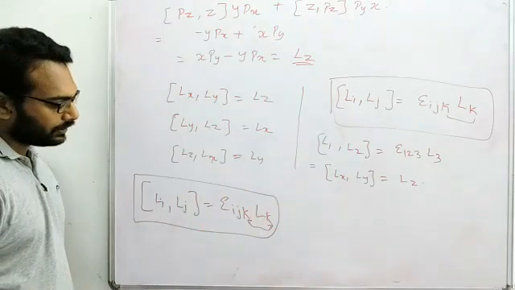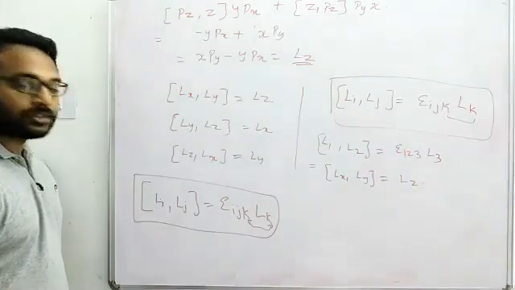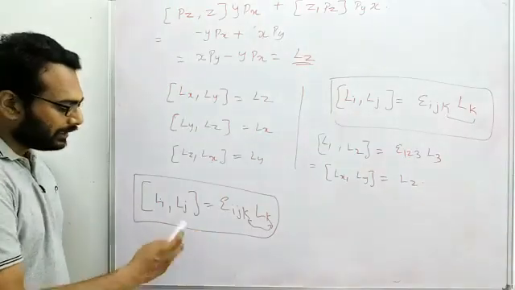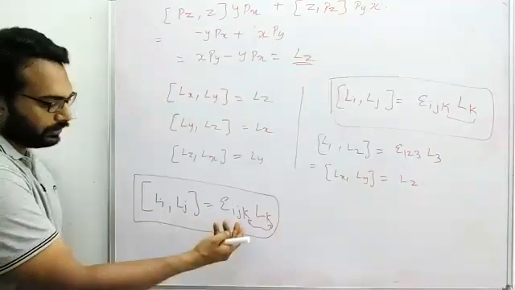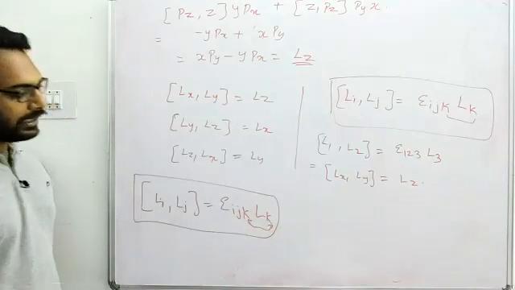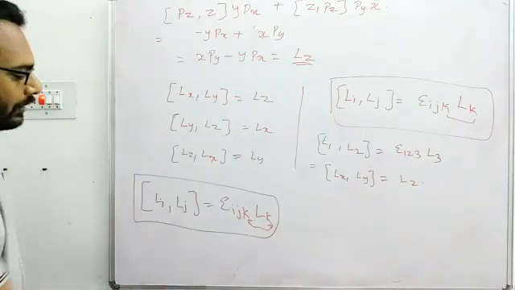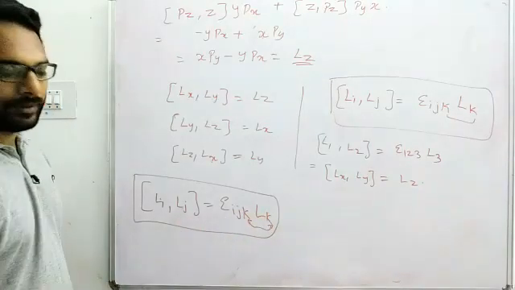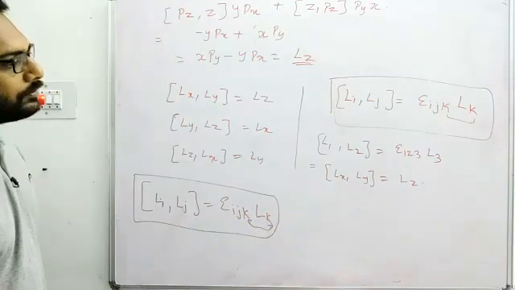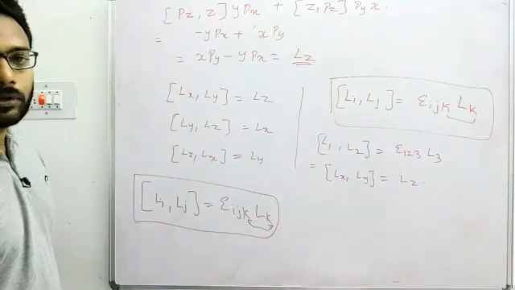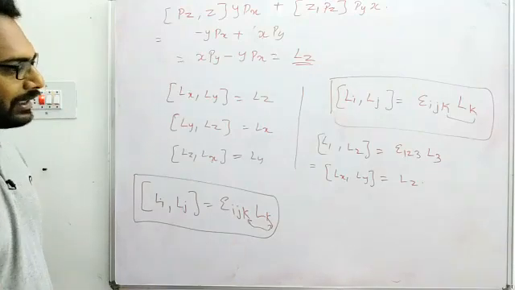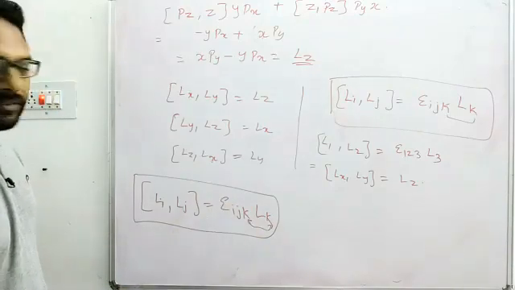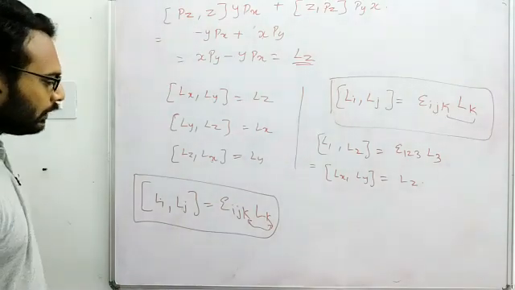Since vectors have specific rotation properties, the Poisson bracket with vectors has a nice form involving epsilon ijk. And this L is also a vector in a way. It's not a full vector; it's called a pseudo vector, but it has properties of a vector, except when you make a reflection or something.